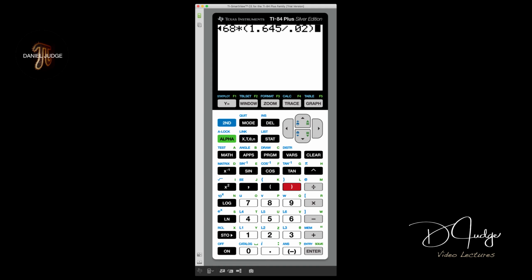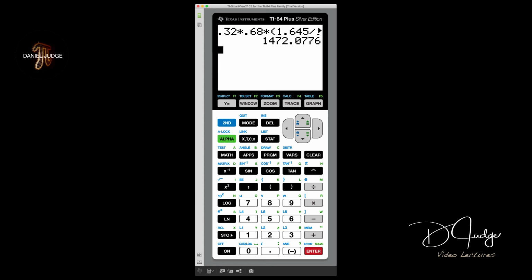Close that, raise it to the second power. So double check to make sure you entered everything okay, right? 1.645 divided by that 2%, squared. Okay. And we get what? Here's my sample size.